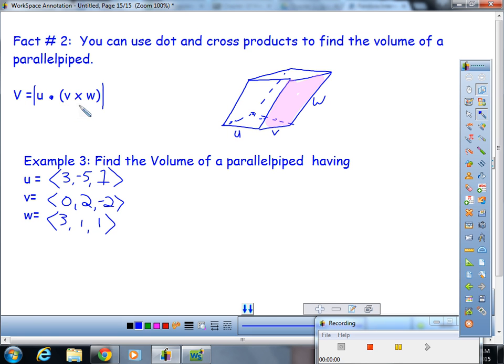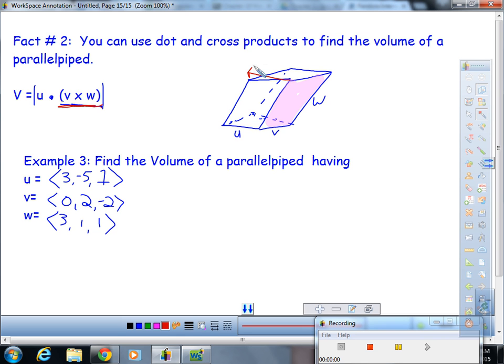This thing right here, the result of that is a what? Is it a scalar or a vector? It's a vector. It's orthogonal to both. So if I underline it in red, it is this vector that is orthogonal to both, okay?